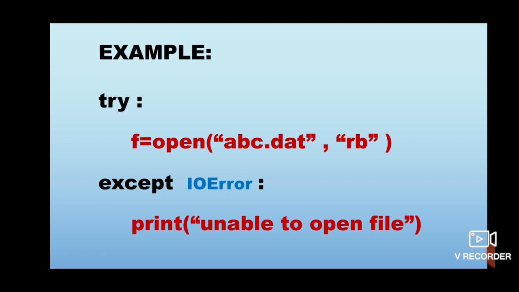So if you don't want the system to handle that input output error and you want to handle it yourself, then write this statement of opening the file within the try block, and in the except you mention that you are going to handle the input output error here. Instead of the system giving the error itself, it will write: unable to open file.